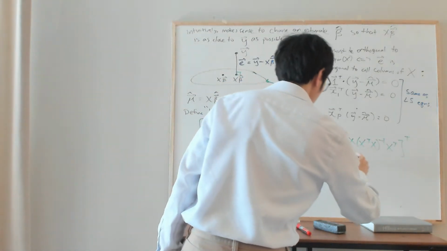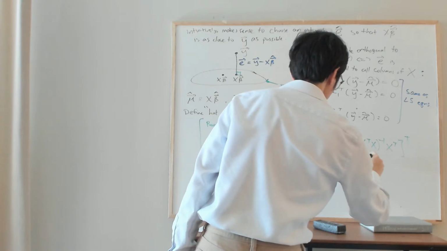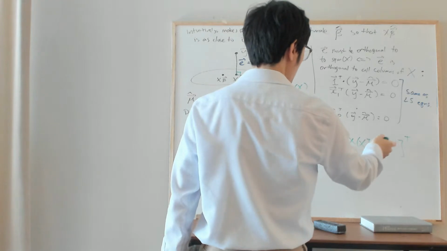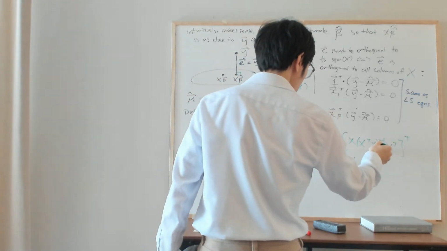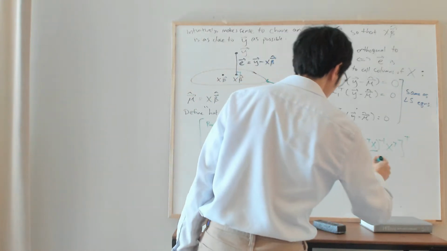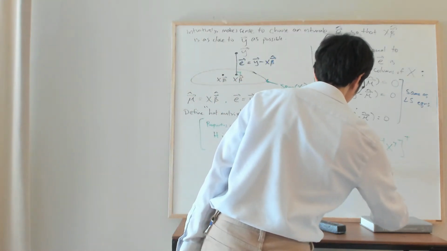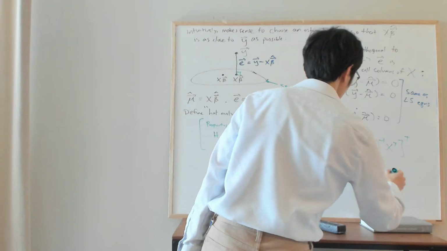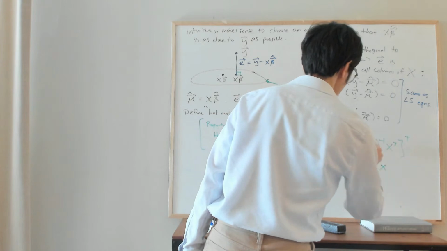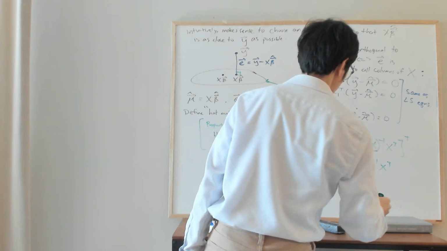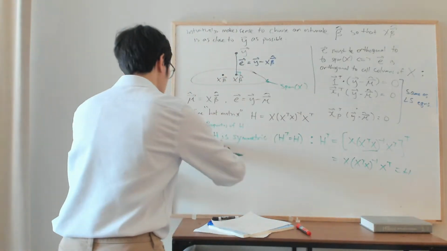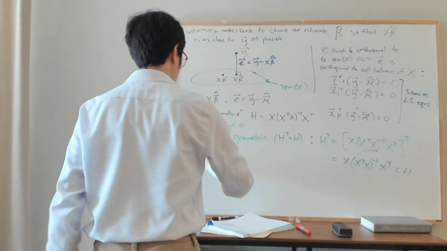So we have X transpose transpose, which is X, and then in the middle you have (X transpose X) inverse, but we already learned that X transpose X is symmetric, and so transposing doesn't do anything. The last term is just X transpose, so indeed H transpose is just H itself. That's one property of this hat matrix.